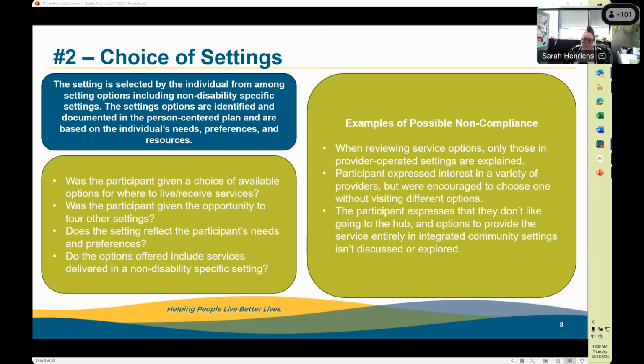Hey, Sarah, one quick question on the choice of settings. I know that you've mentioned guardians not allowing specific providers or choosing specific providers without the participant's choice. So would it also be a non-compliance if you have a participant who wants to go to an SLP? Family states they want her to go to an SLP, but then they put so many, I don't know what you would call them, restrictions.